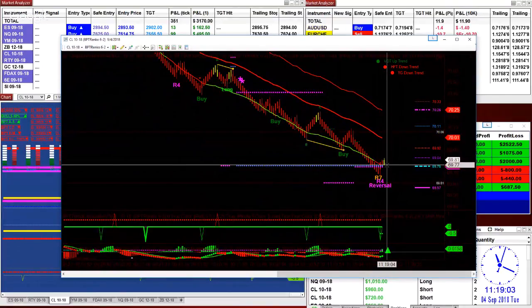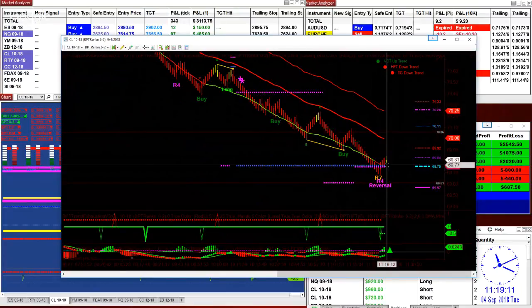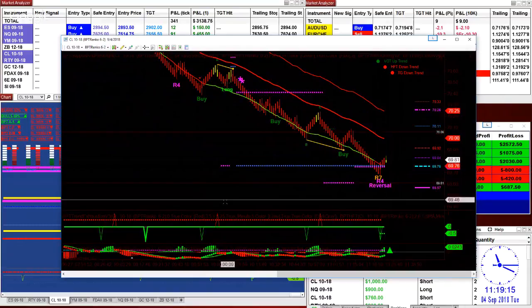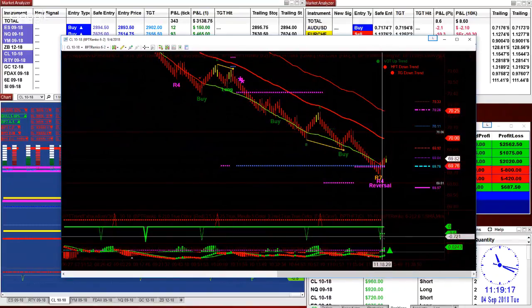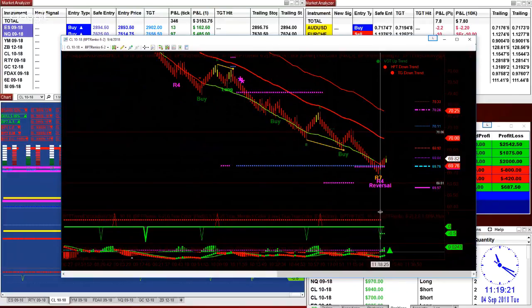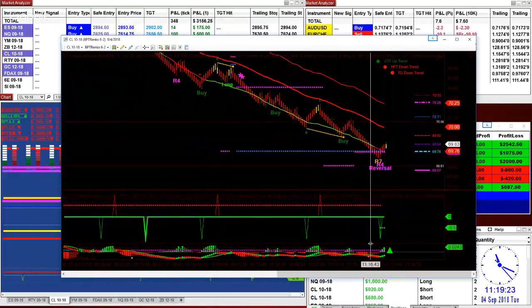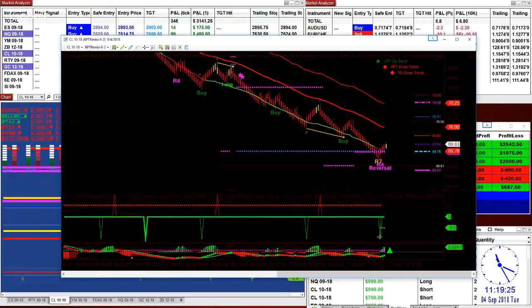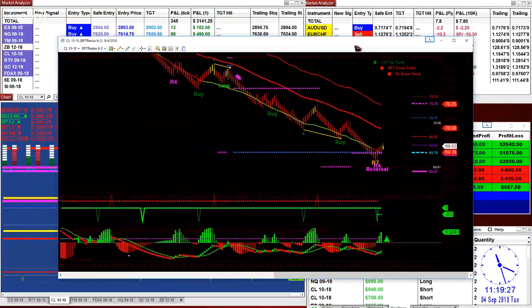The market came in exactly to those numbers, to this area, and now the system is telling us, okay? Reversal. Look at this. They all speak in the same language. Let me show you.